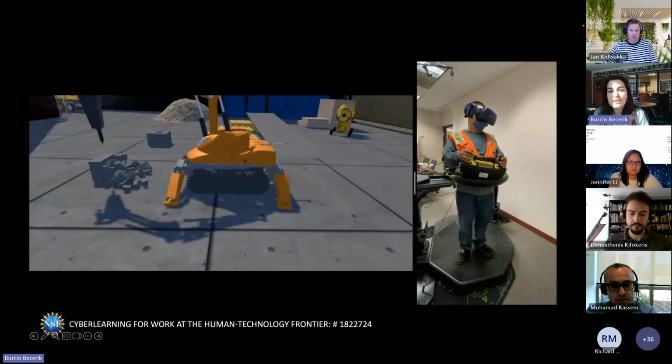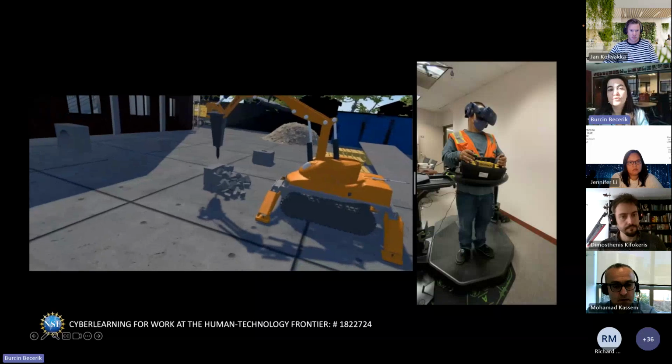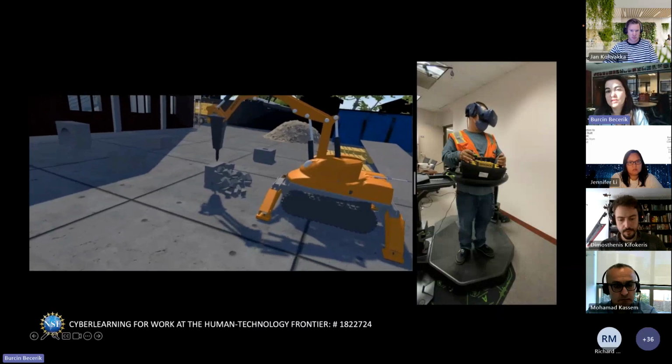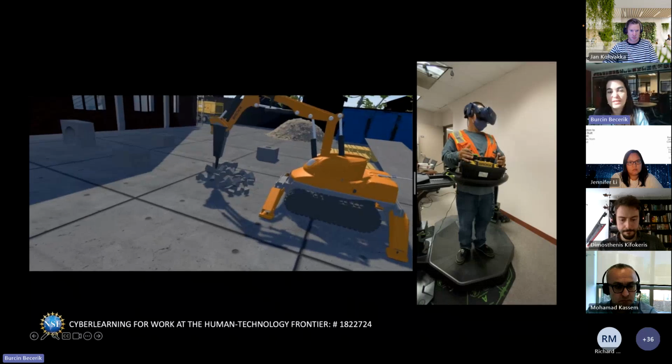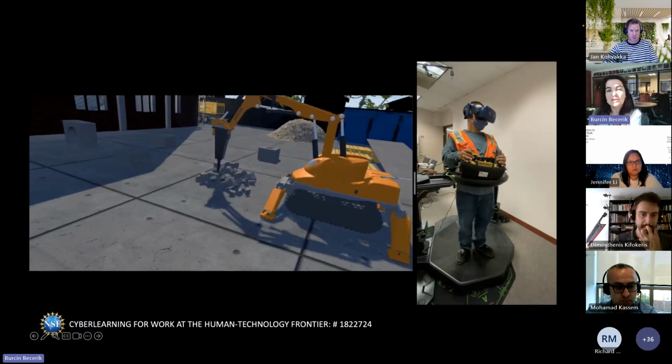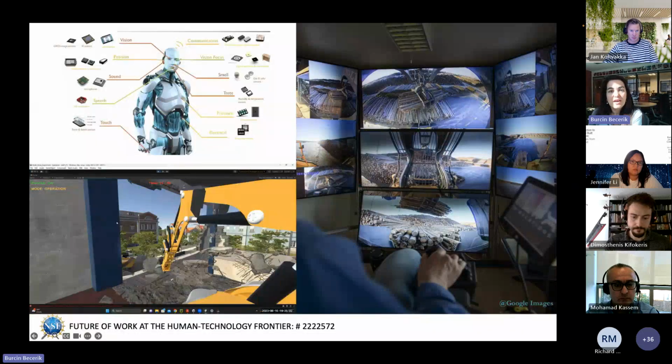Here I'm showing you a VR-based training program that assesses each worker's skill levels and adjusts content based on their prior knowledge and adapts to individual learning needs by either repeating content or slowing down the delivery process as necessary. During the training process, we recognize the critical role of sensory information.